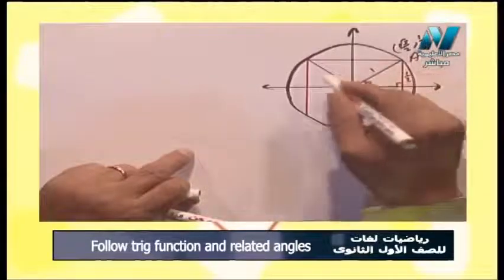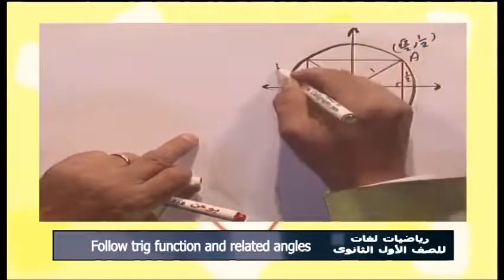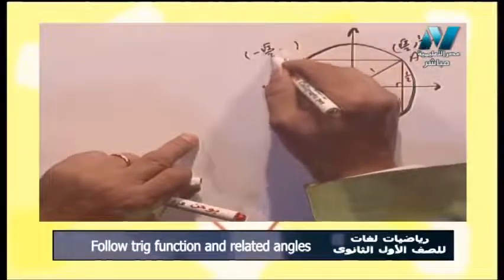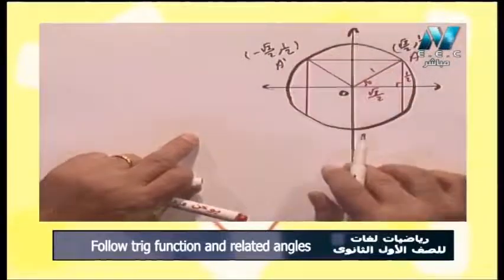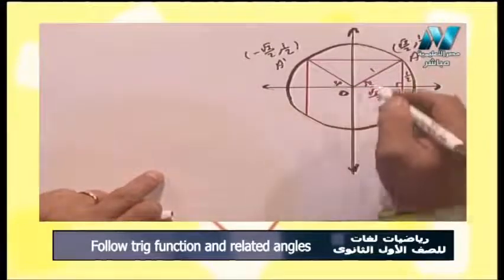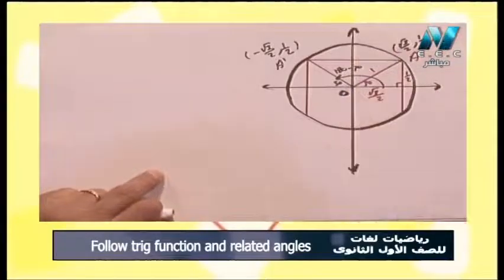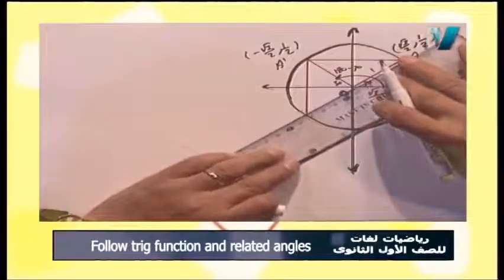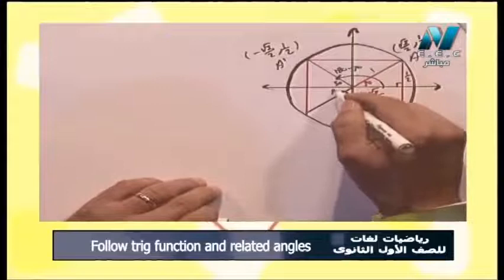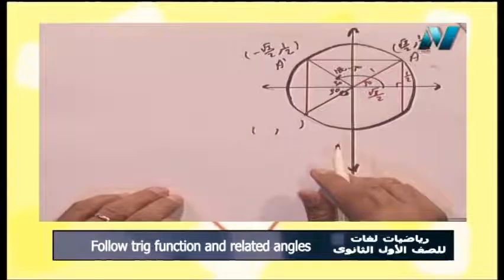Okay, by reflection, A will be A dash, and it will be negative root 3 over 2 and half. So here will be 30, and this angle, as we said, will be 180 minus 30. If we try to find another angle here like 30, what is this angle? Think about it, my dear students, think about it.